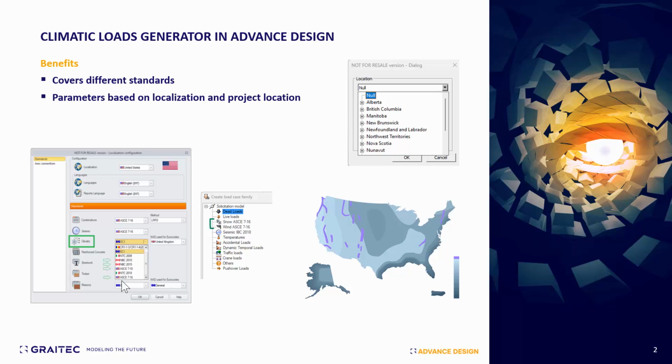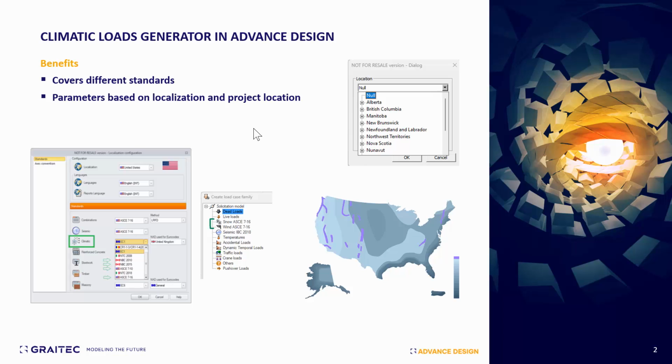So based on those standards, you can always use the automatic load generators to create your loads on the structure. And each of those will have both scenarios. So I will have an automatic snow load generator and as well a wind load generator based on the selection of the code or standard that I have from the project browser.